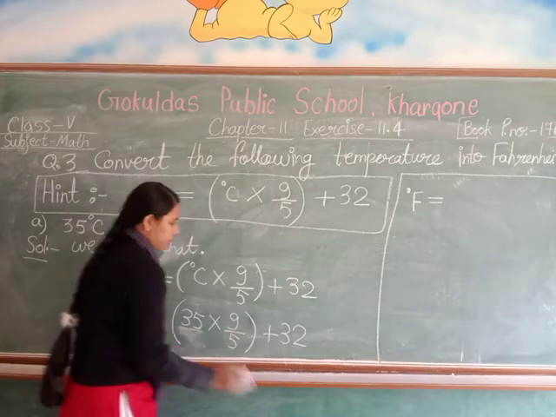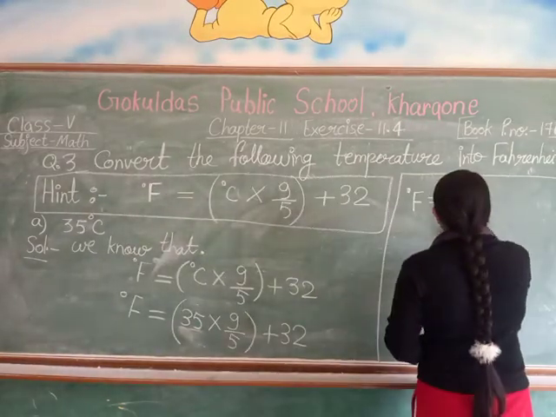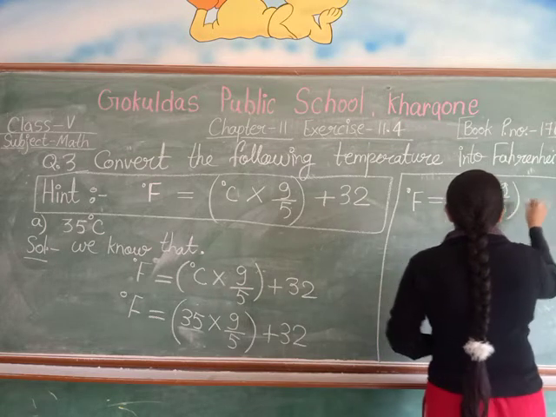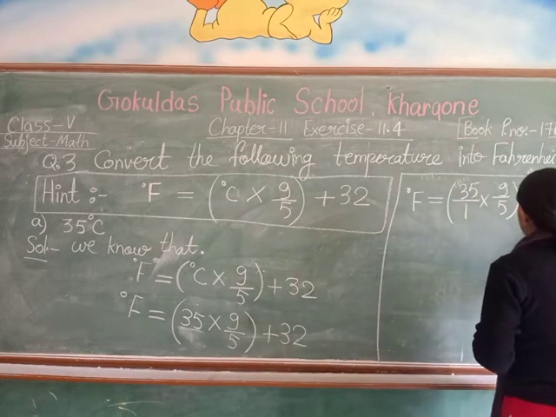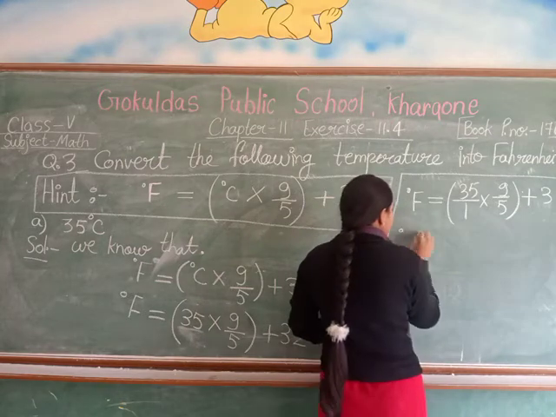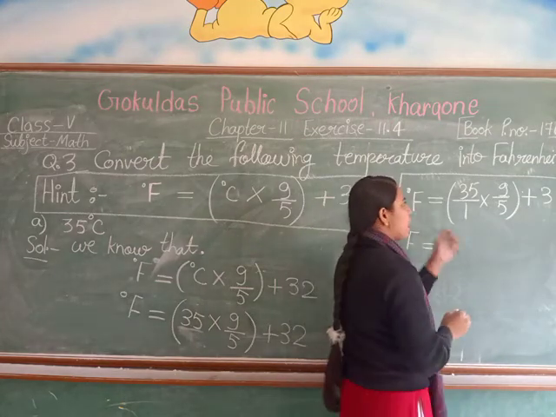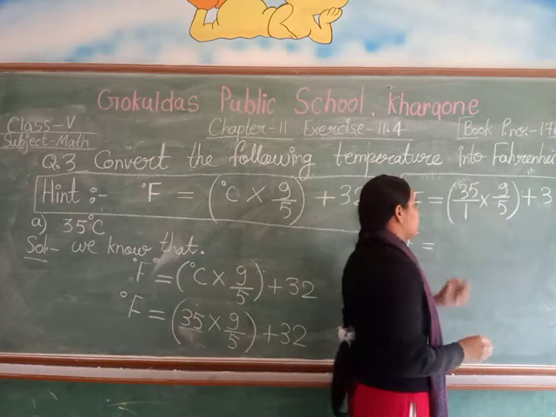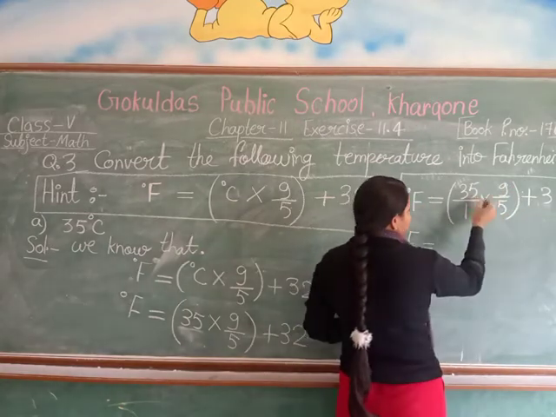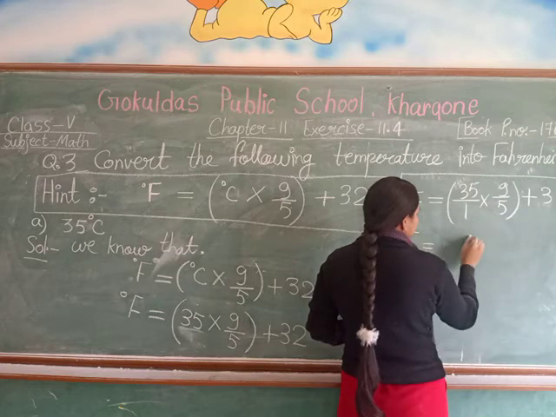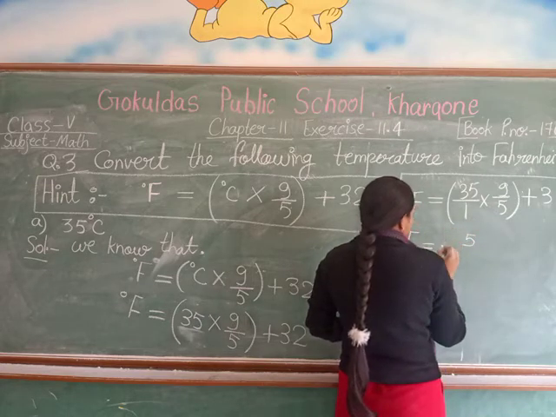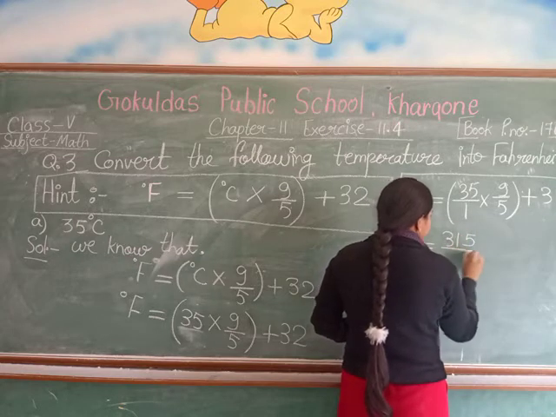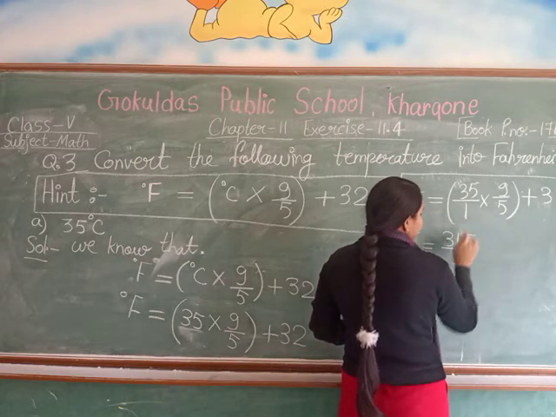So bracket open 35/1 multiplied by 9/5 plus 32. Degree F is equal to, now you know that numerator is multiplied with numerator, denominator with denominator. So multiply 35 with 9, and 1 into 5 is 5.